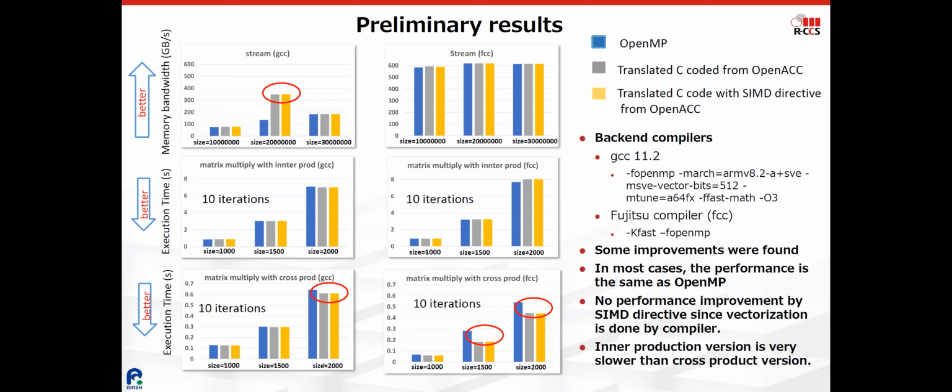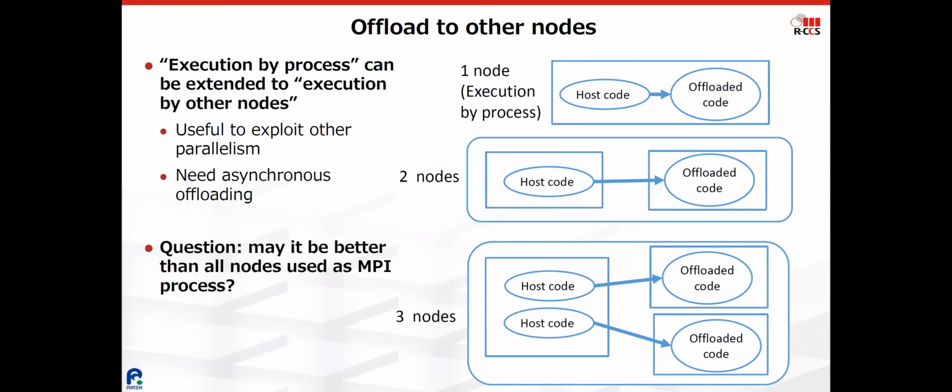The execution by process can be extended to execution by another node like this. This is one node, the execution by the process, but it can be extended to another node like this.